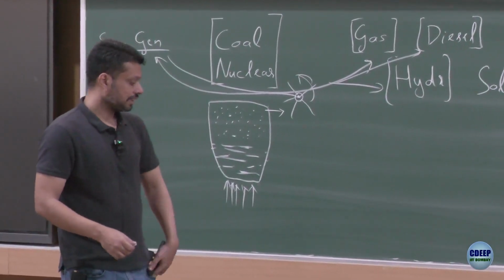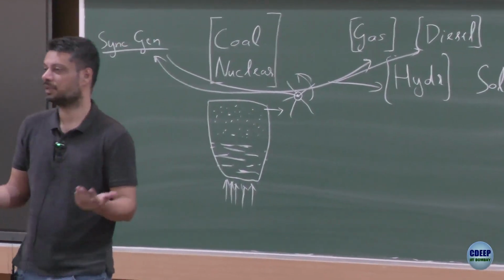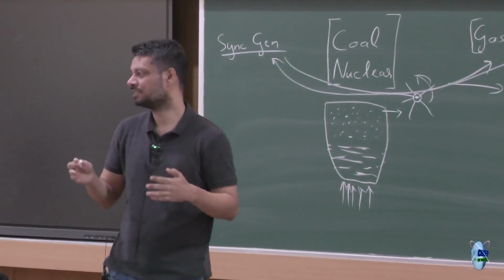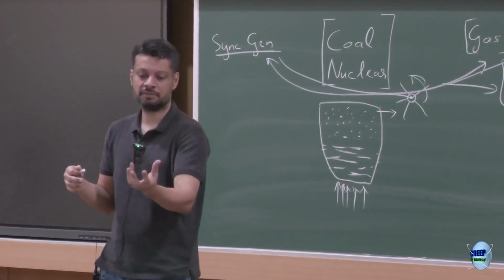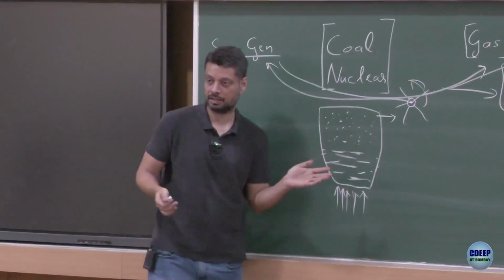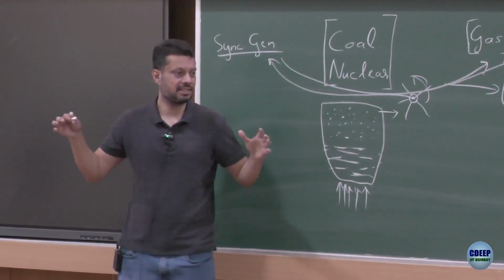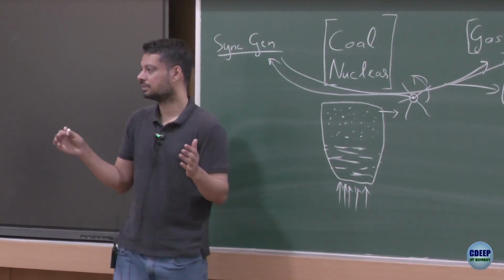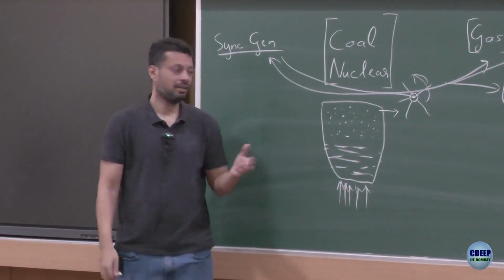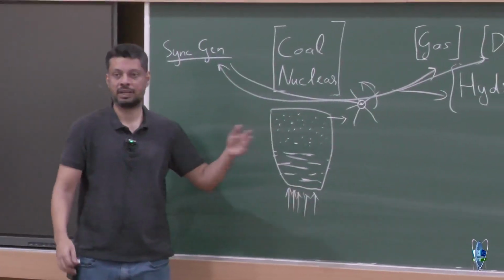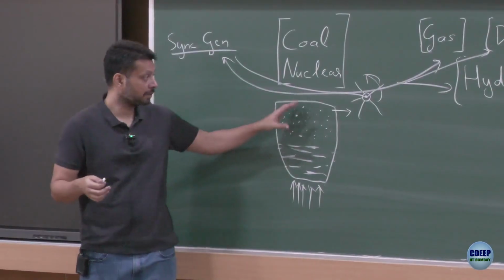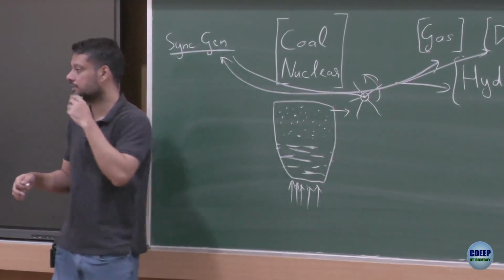If you see solar thermal, the idea was simple: the sun has heat, but of course this heat is not too much. If you just leave a glass of water, it would not boil and produce steam. But if you can concentrate this heat using some sort of reflectors, then at that point you will have a substantial amount of heat. You can let the water flow through that concentrated point, it may convert into steam, create pressure, and you can use that pressure to run a turbine which will produce electricity.